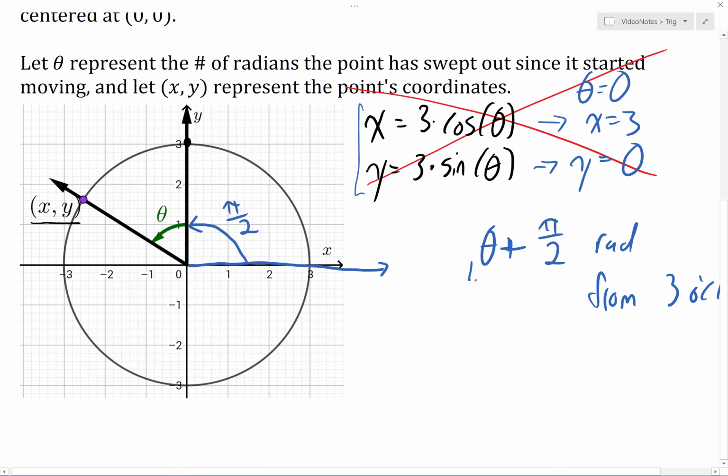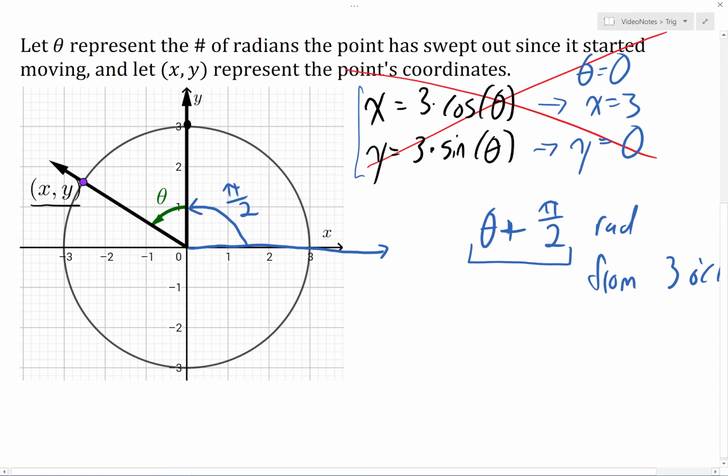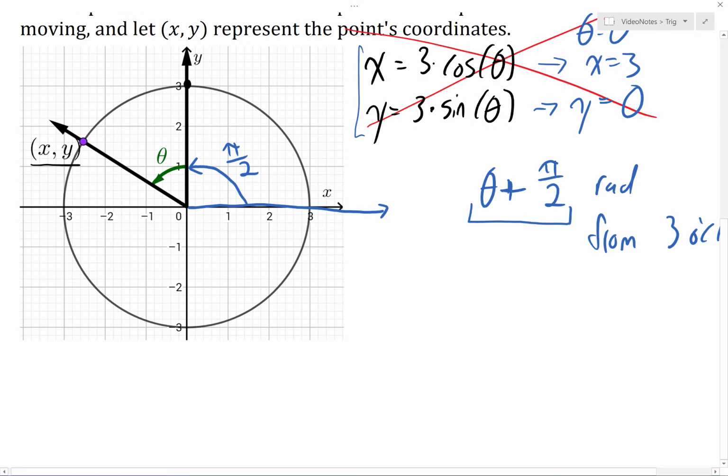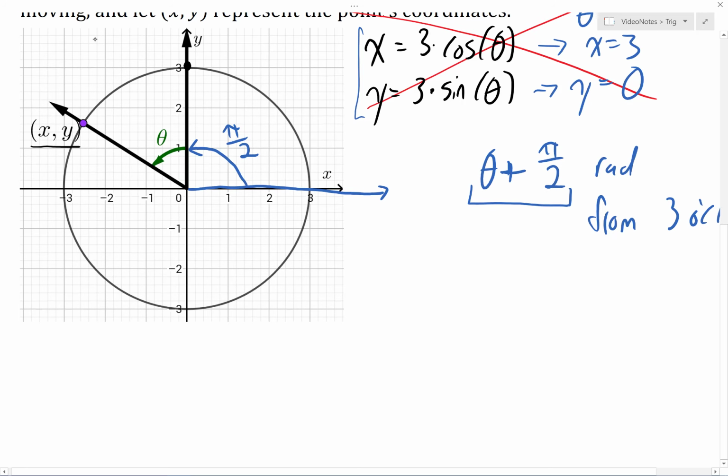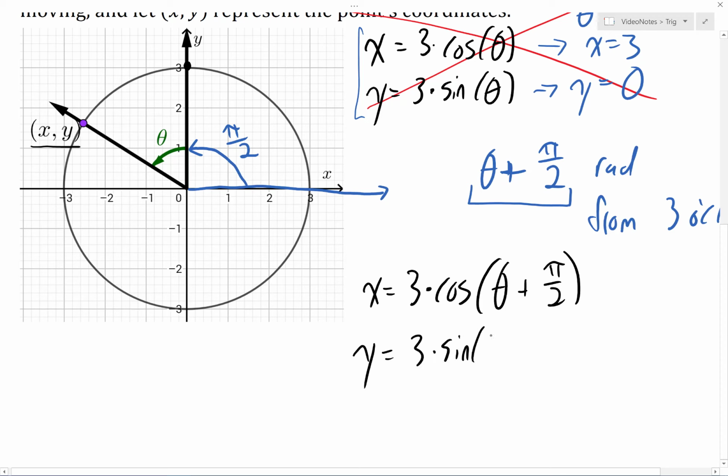Now this expression right here represents a number of radians from the 3 o'clock position, which is a number that we can input into the cosine and sine functions and get something out that's meaningful. So since the point is theta plus pi over 2 radians from the 3 o'clock position, x will be equal to 3 times cosine of (theta plus pi over 2), and y will be equal to 3 times sine of (theta plus pi over 2).